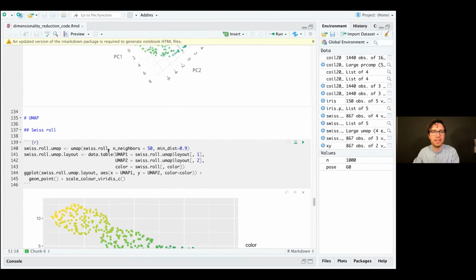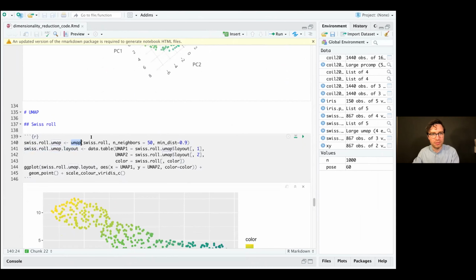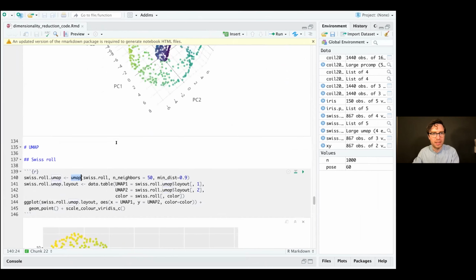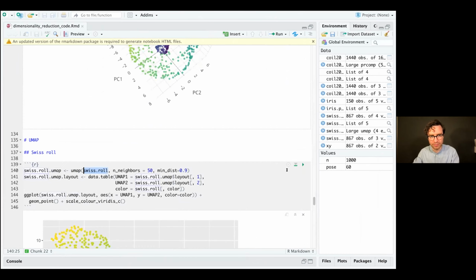It's essentially, again, a one-liner where you have a function UMAP, and what I feed in here is the Swiss roll that I created previously. I do the dimensionality reduction here with a one-liner.